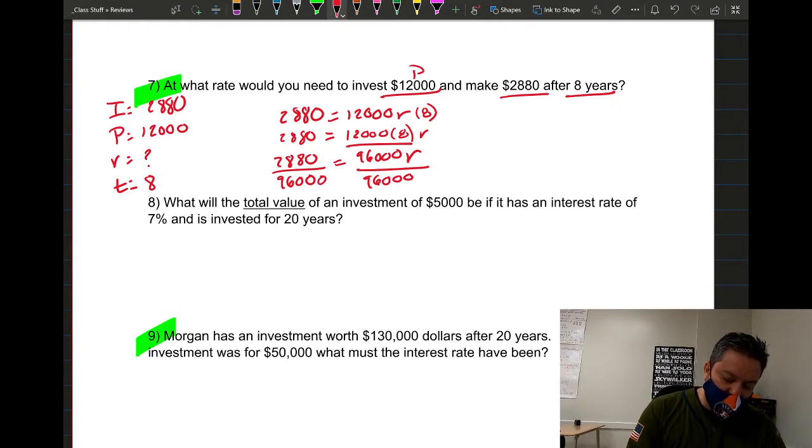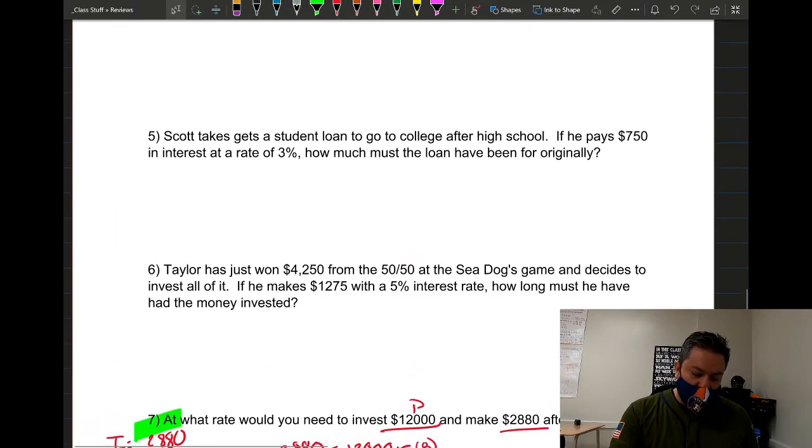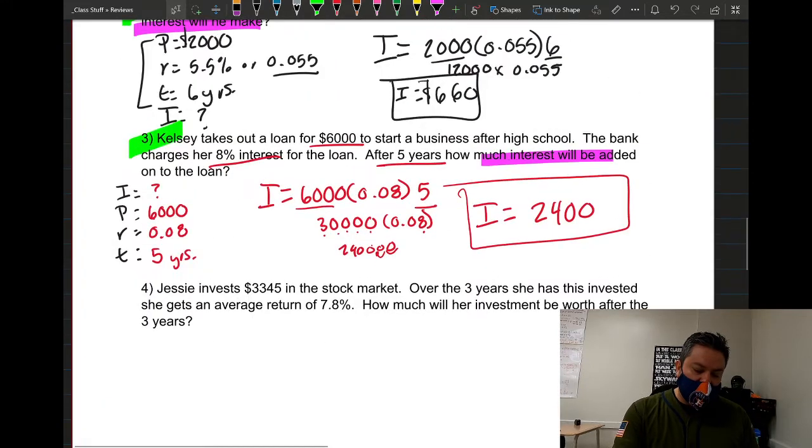So this will cancel out. Over here you can delete the last zero if you want to, but when you divide, you're going to get a decimal. So R equals 0.03.